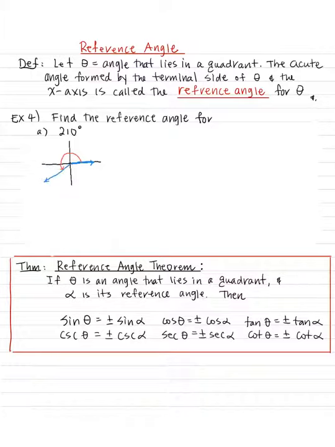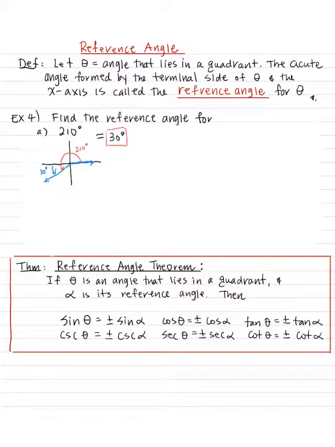So this is the terminal side, and from here to here is 30 degrees. So the reference angle for 210 degrees is 30 degrees, and that's our answer, because all we want to do is find the reference angle.